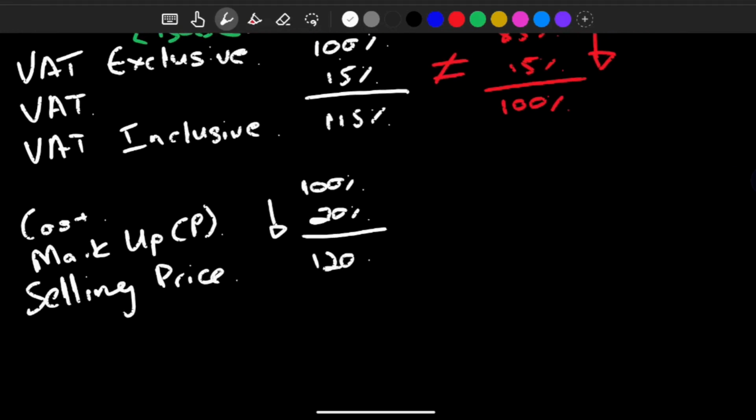Now, using an example with numbers, let's say you buy and sell phones. Each phone is at a cost of 1,000 rand. Then your profit each time you sell a cell phone is 200 rand. Therefore, your selling price is going to be 1,200 rand. Making a bit more sense.